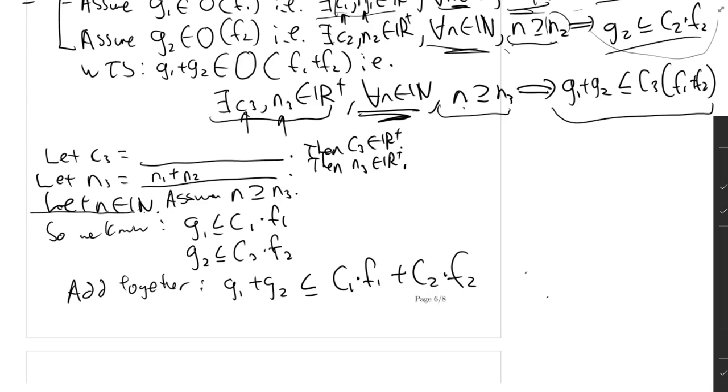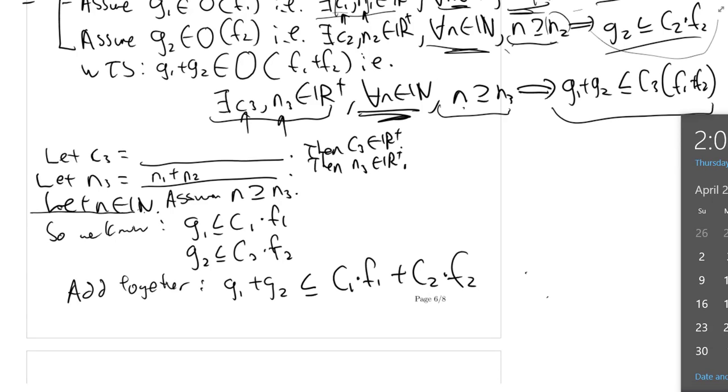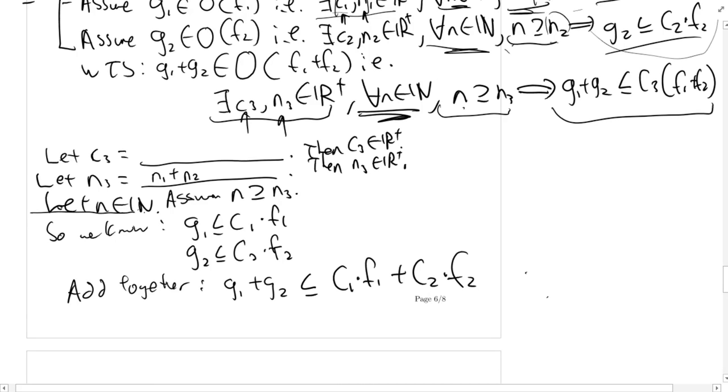Okay, that's good. But we want to somehow get the C3 out here. So let's see here. Well, we can go like this. Maybe this will be a little bit more clear. C1 plus C2, F1 plus C1 plus C2, F2.